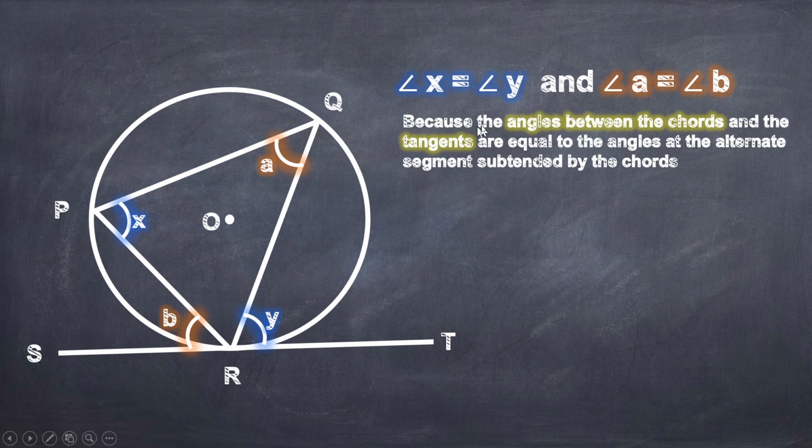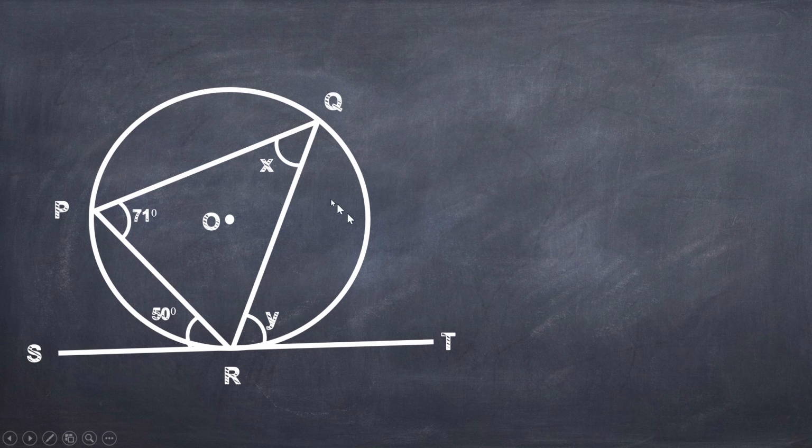Because the angle between the chord and the tangent is equal to the angle in the alternate segment subtended by the chord.